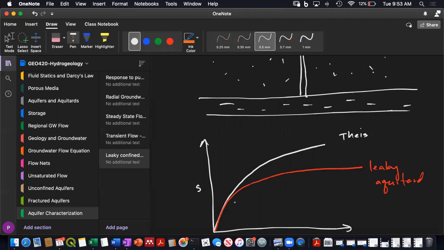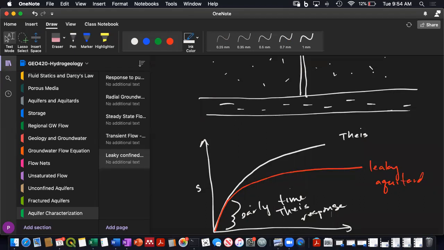And this initial response, almost all aquifers show this early time Theis response. And the bottom line is this is because the fastest way an aquifer can give you water is by its own storage and by the decompression of the water and the compression of the porous media. That's the fastest way it can.